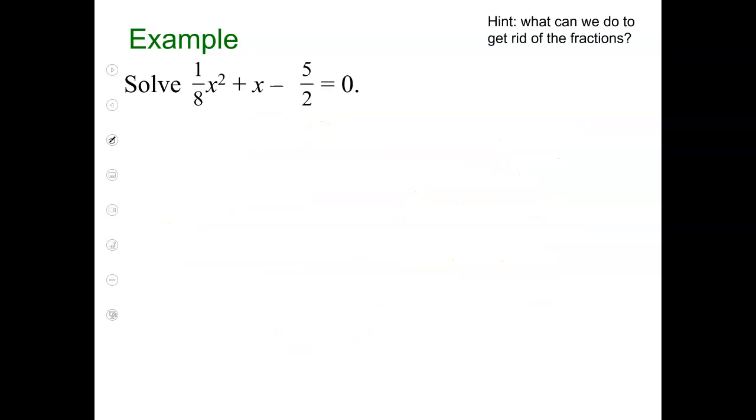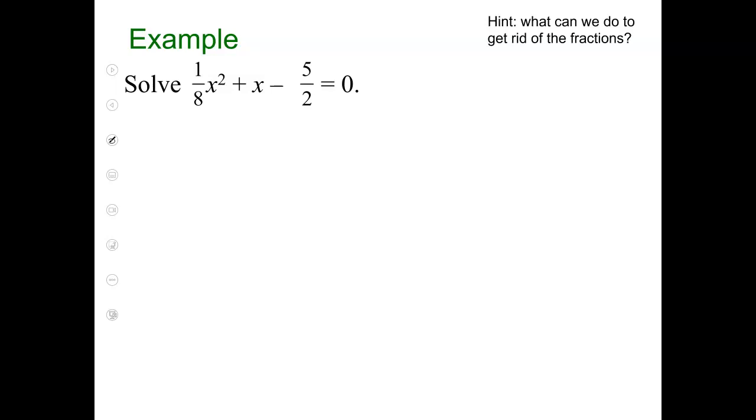Alright? Now, I have a quadratic, but I have these ugly fractions. Does anyone remember what we do to get rid of fractions when we want to solve an equation? Hint, it has something to do with the LCD. Well, we can find the least common denominator, but we do something with it.